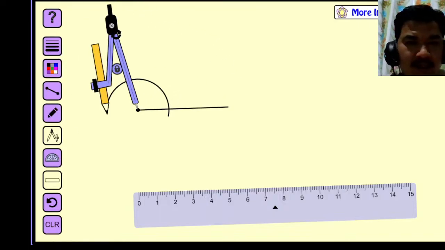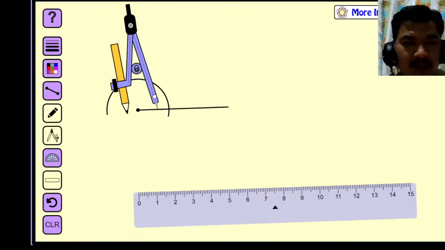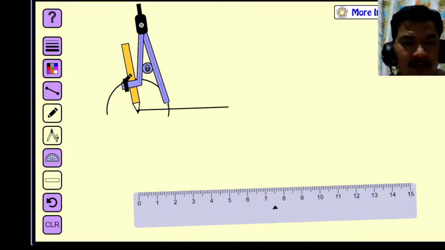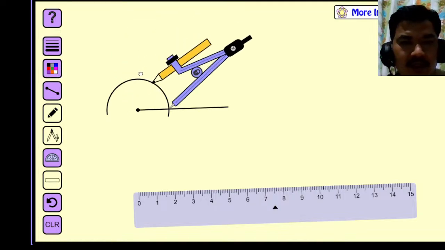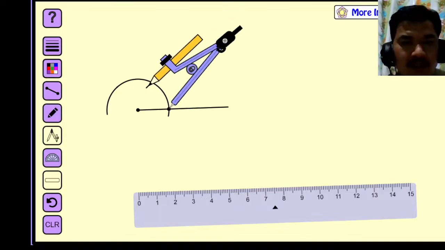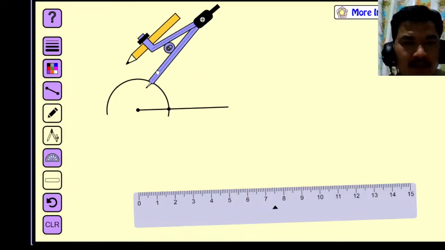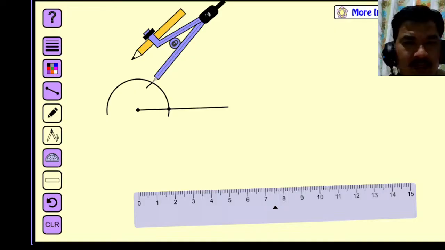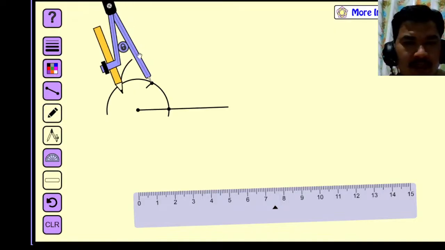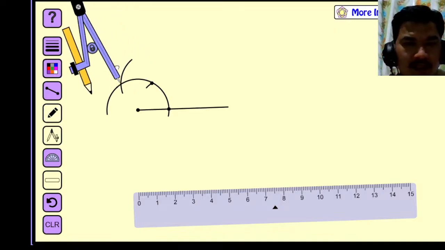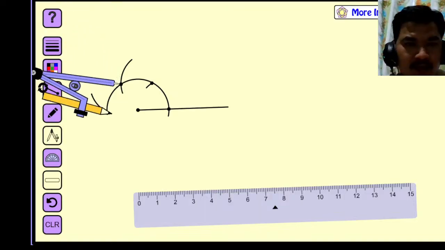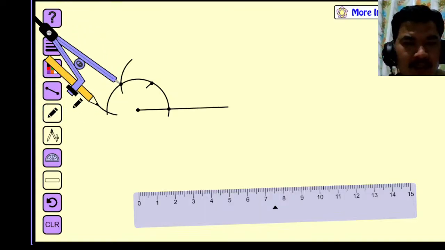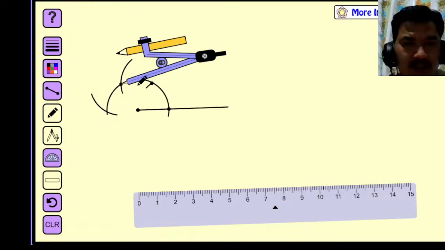This is the main arc, right? Then we know this is 60 degree, right? Cut 60 degree, and from that point cut here, this is 120 degree, from 120 degree cut this one arc, this is 180 degree, okay?